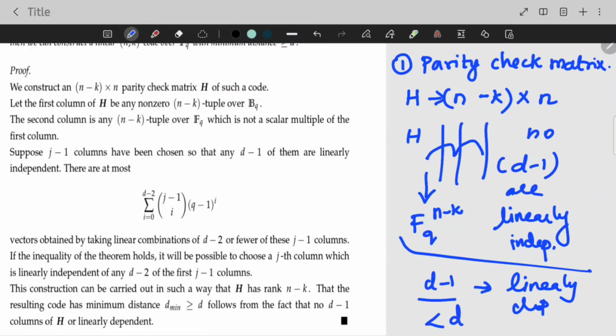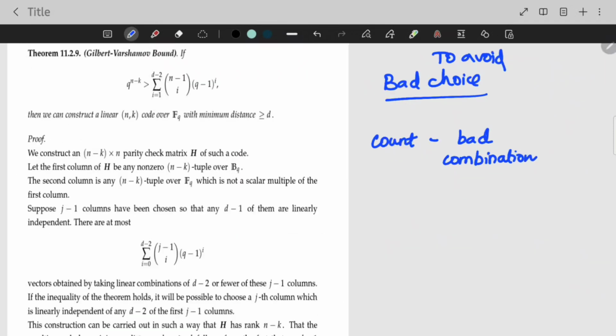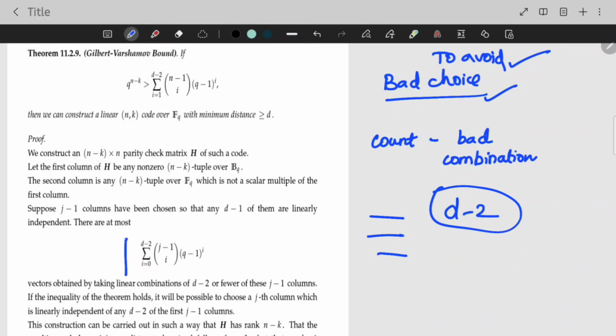So, to avoid these bad choices, at each step, count how many bad vectors would create bad combinations, that is, be dependent with d minus 2 previous columns. So the number of bad choices is at most the summation i equal to 0 to d minus 2 of (j minus 1 choose i) times (q minus 1) to the power i, where j minus 1 is the number of columns chosen so far.